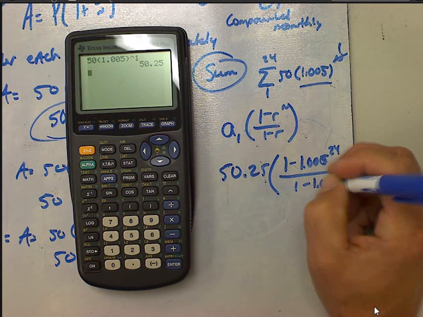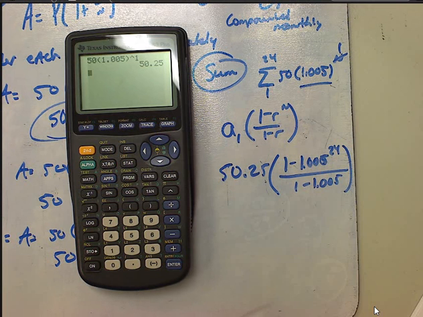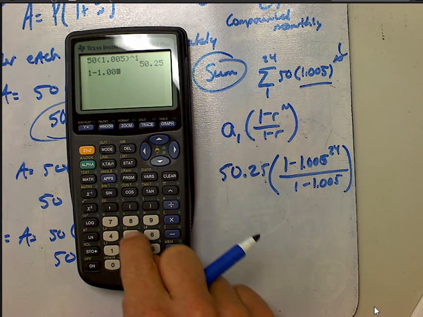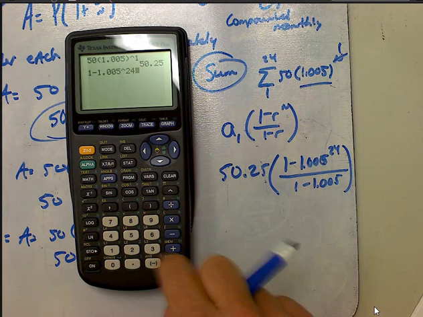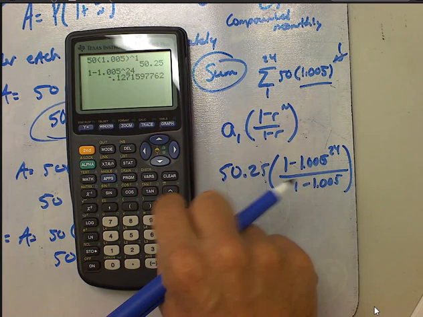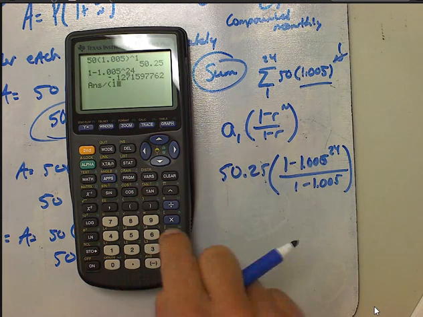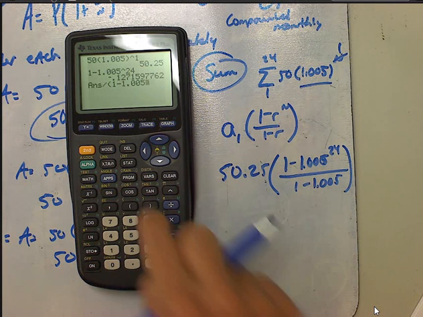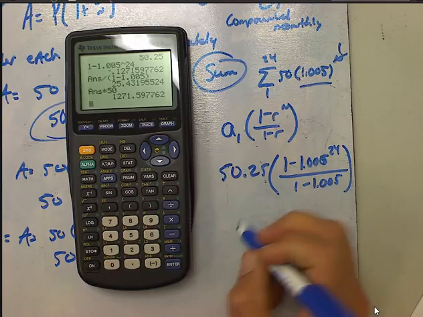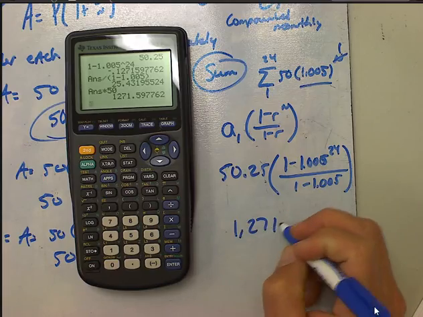So for my calculator, 1 minus 1.005 to the 24, enter, divided by parenthesis 1 minus 1.005, enter, times 50, enter, and we'll have a total of $1,271 and approximately 60 cents.